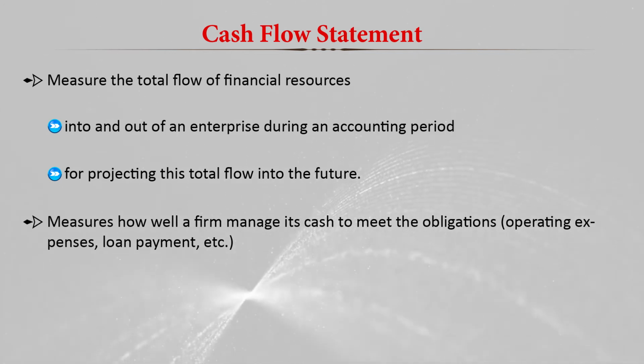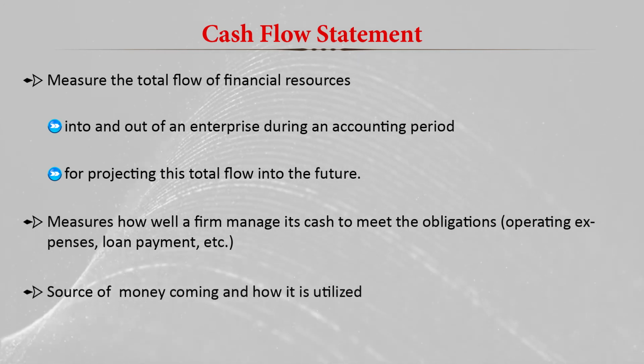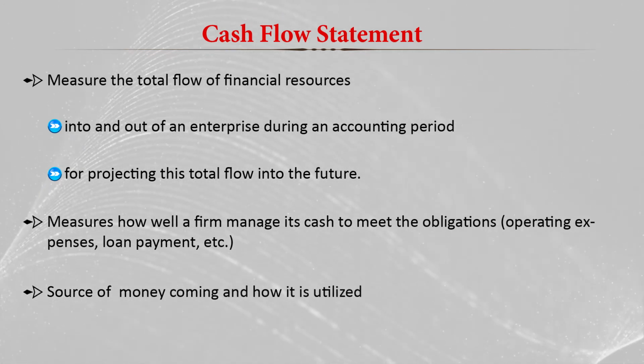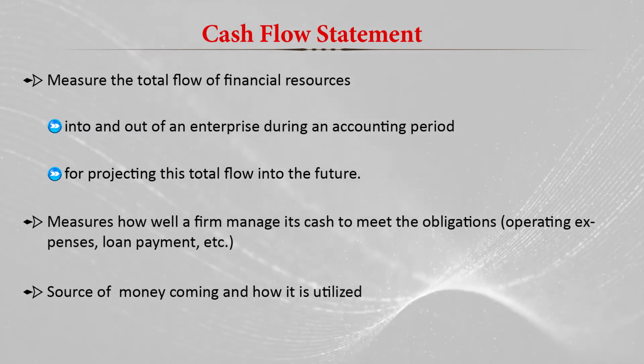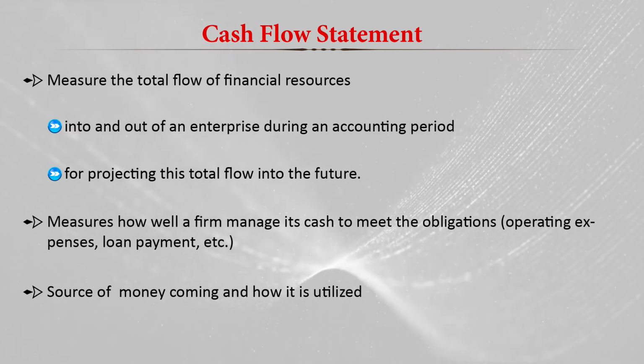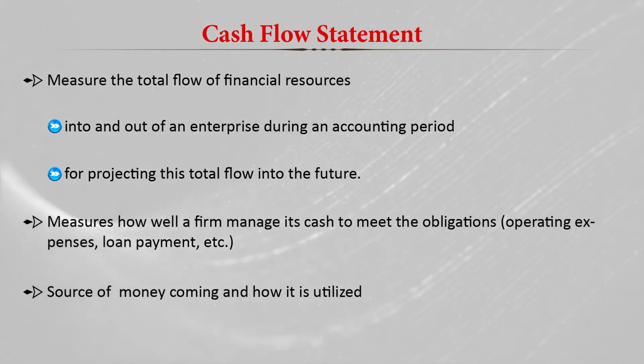So the cash flow statement shows the different sources from which money is coming to the firm or company, and then how we are utilizing this money. This outgoing of money from the company we reflect through the cash flow statement.